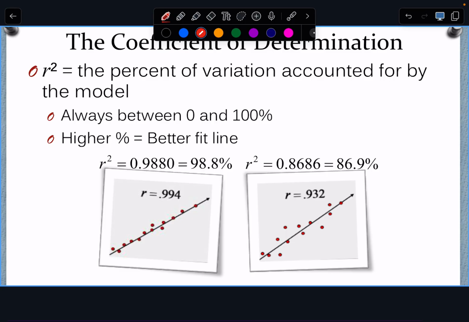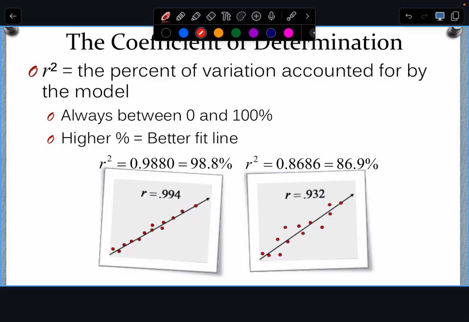Now, the thing I want you to be aware of, if they want you to use correlation or correlation squared to calculate the other, if I start with correlation, getting to correlation squared is simple. Take the number I have, square it, I get my correlation squared. Even if my correlation is negative, when I square it, it's going to become positive, which we then convert into a percentage. But that's the thing that we have to consider when we're coming back the other way.